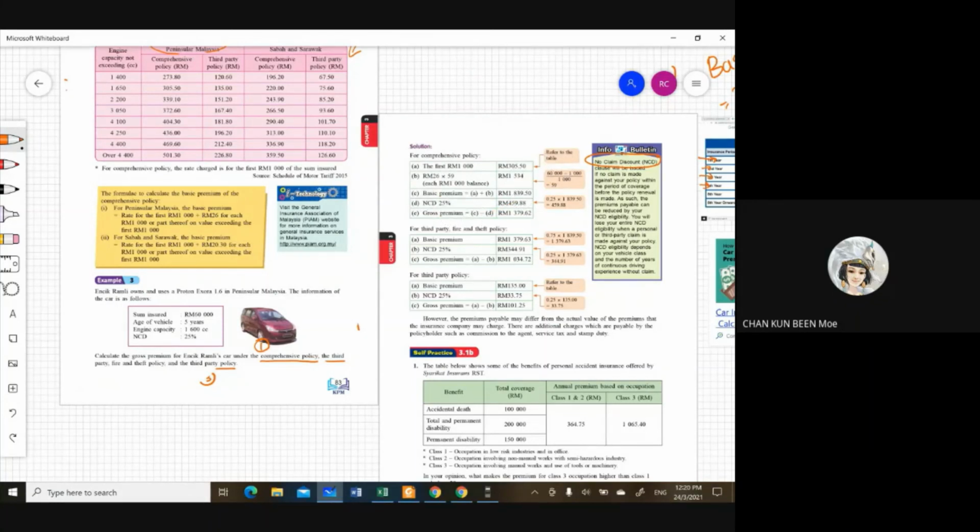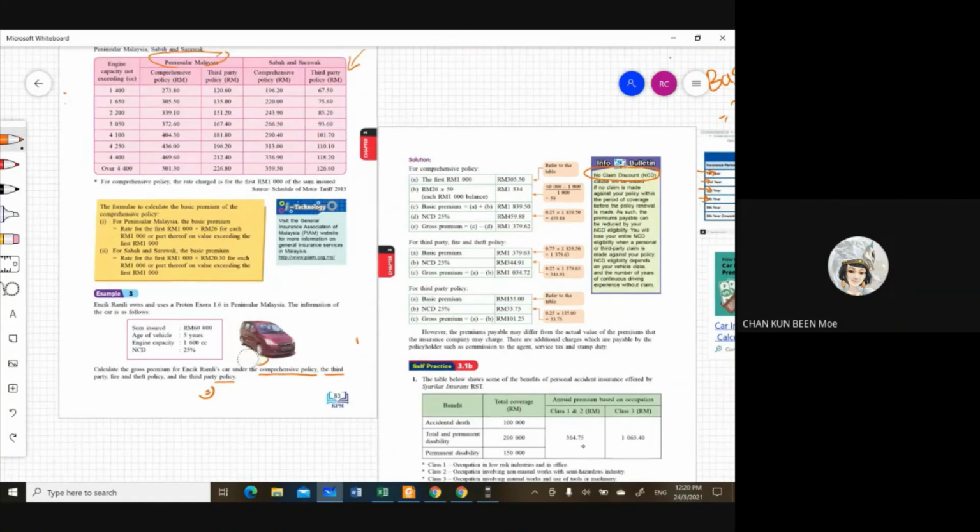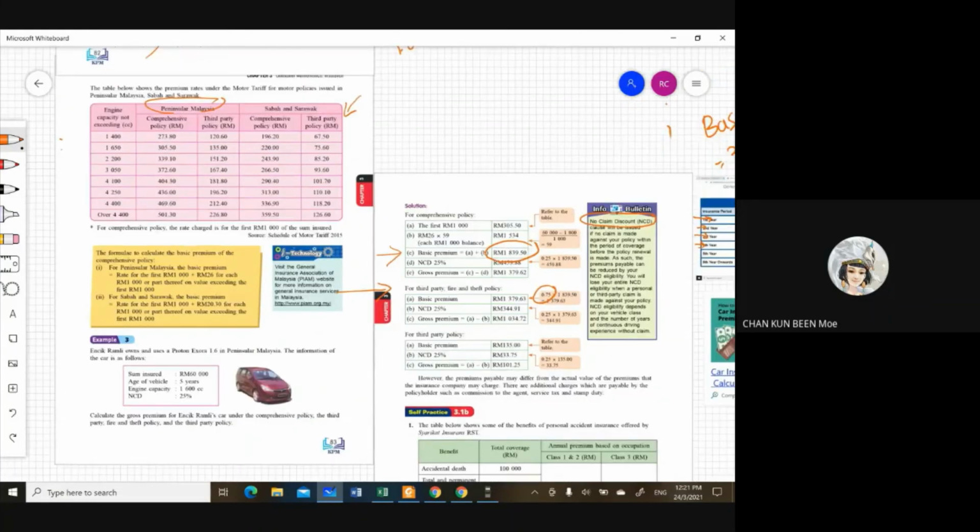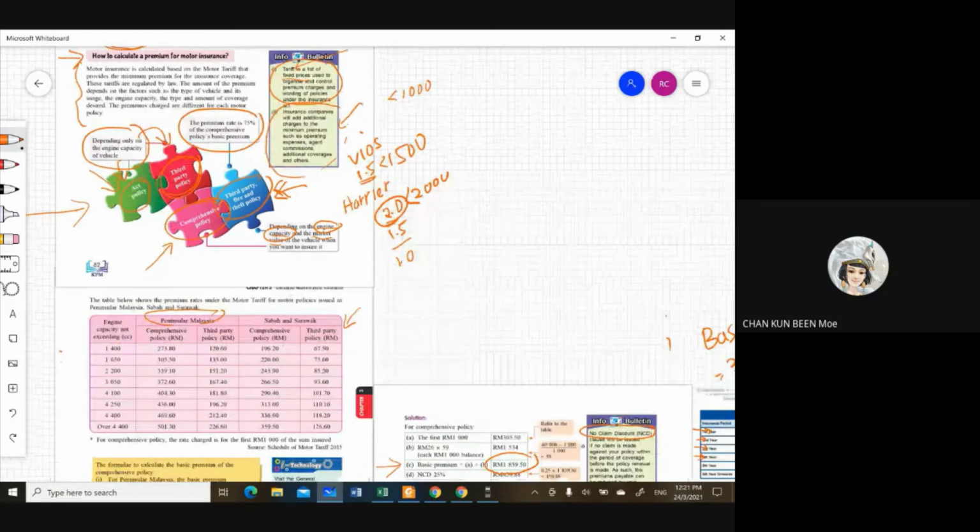Okay, so for the third party, fire and theft policy, you can refer to the solution given here. The basic premium, we follow what we have found out for the basic premium for the comprehensive policy just now, 1,839.5. Why do we multiply with 0.75? It's because it is the 75% only from what we have learned earlier here.